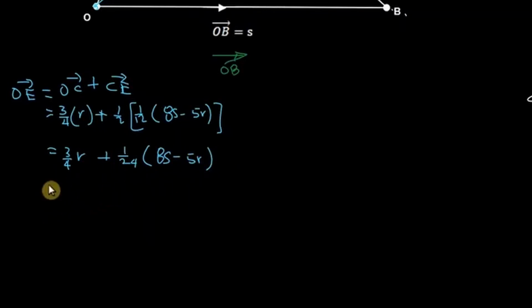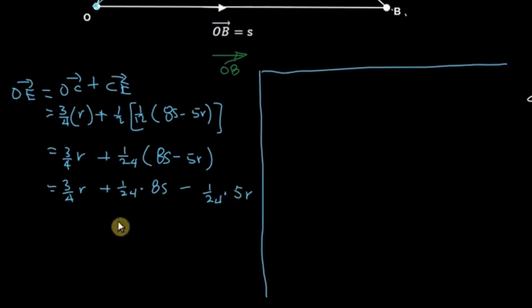So let's expand. So we could write as 3/4 of R plus 1 over 24 times 8S minus 1 over 24 times 5R. Let's simplify some more and make some room right here.